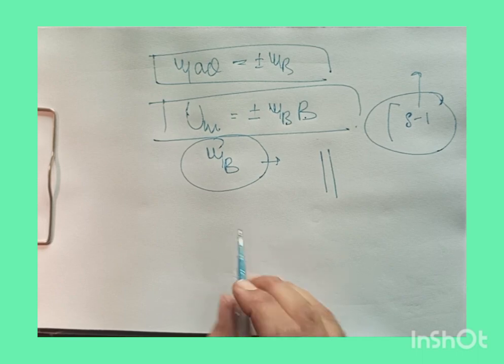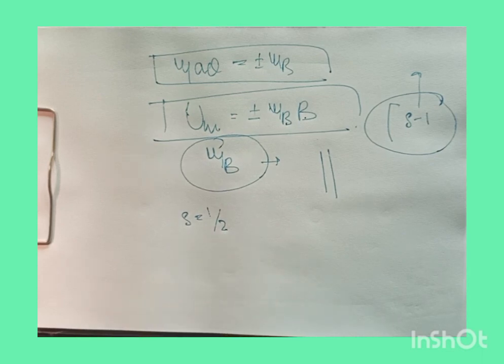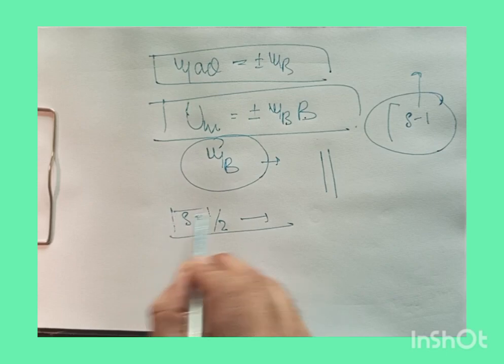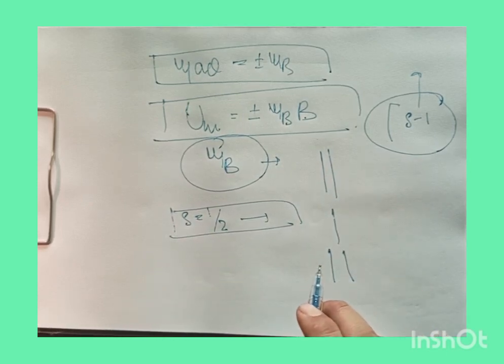And s equal to 1 by 2 is the only value that agrees with the fine structure doubling, the doubling that we have.